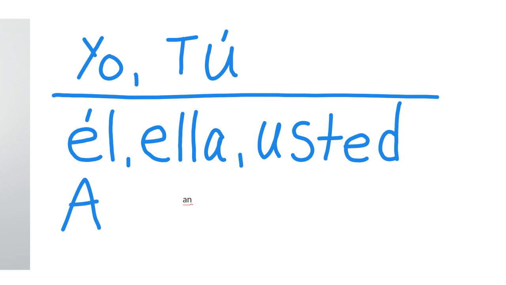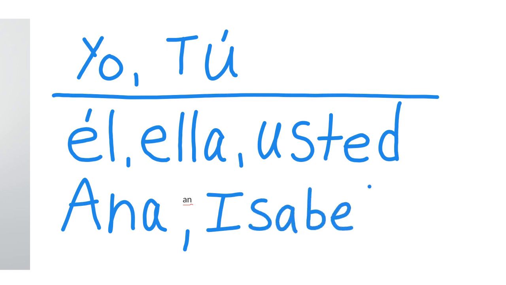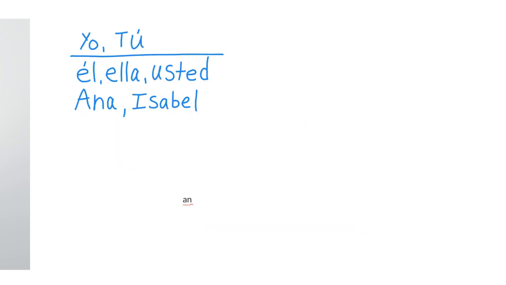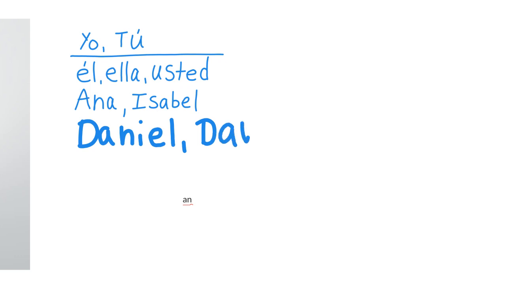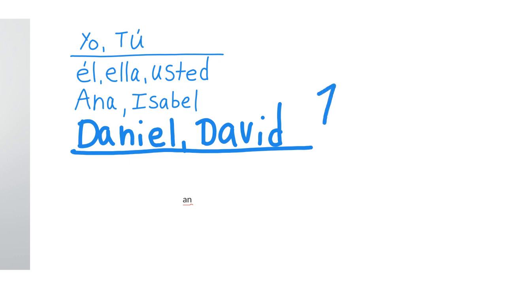So if you see Anna, if you see Isabel, whenever it's just one person, it can't be multiple people, but whenever it's just one person, then you would use the él, ella, usted form. You could have Daniel, David. So the main thing with the él, ella, usted form is it's just going to be one person. There's not going to be multiple people mentioned.